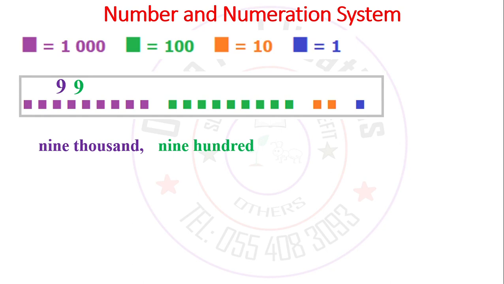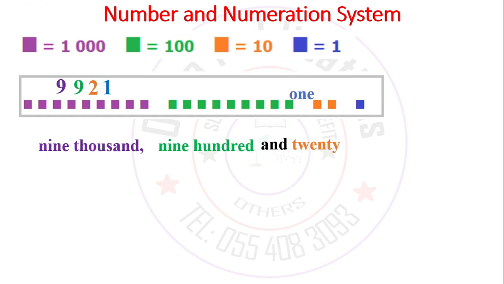Alright. How many tens do we have? We have 2 tens. When you have 2 tens, how do we call it? We call it 20. So we have 900, and 20. How many ones do we have? 1.